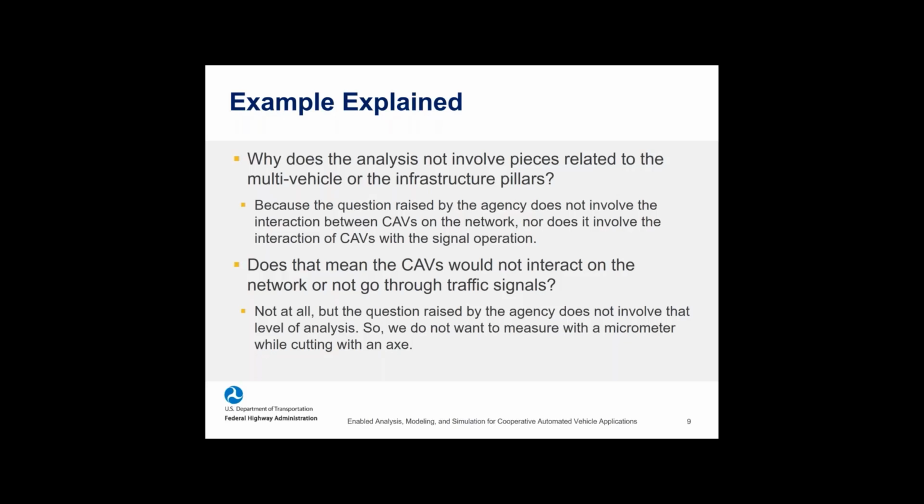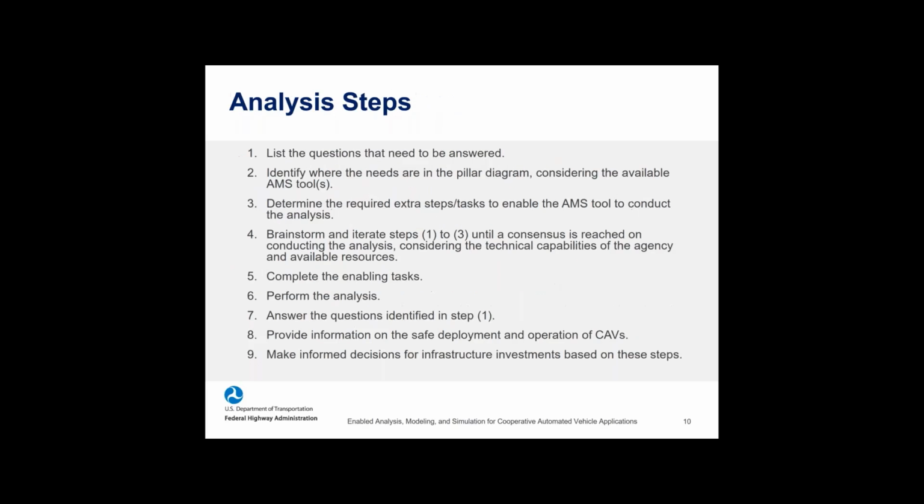Not at all. But the question raised by the agency does not involve that level of analysis. So we do not want to measure with the micrometer while cutting with an axe. And I'm going a little bit slow on the first part of the presentation because I want to emphasize those key things: you have to always keep in mind what's the question that you need to answer, and don't go beyond that when you're doing the model.